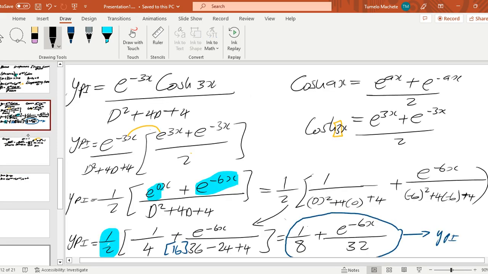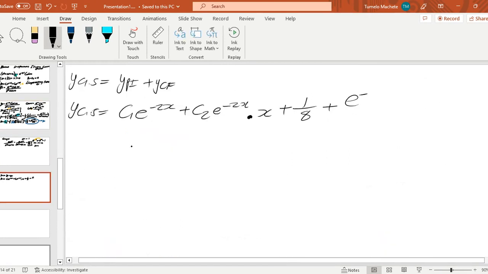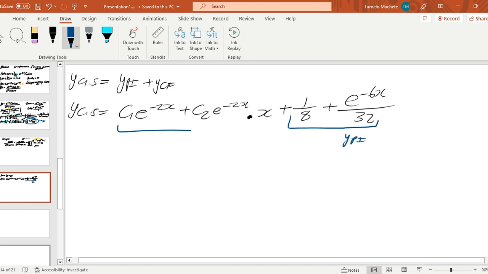It was 1 over 8, if I'm not mistaken, 1 over 8, plus e to the minus 6x over 32. So I've got this section, YPI, this section, YCF. And that's how we solve it, guys. Just like that. That's how you're going to solve your question if you come across this question.